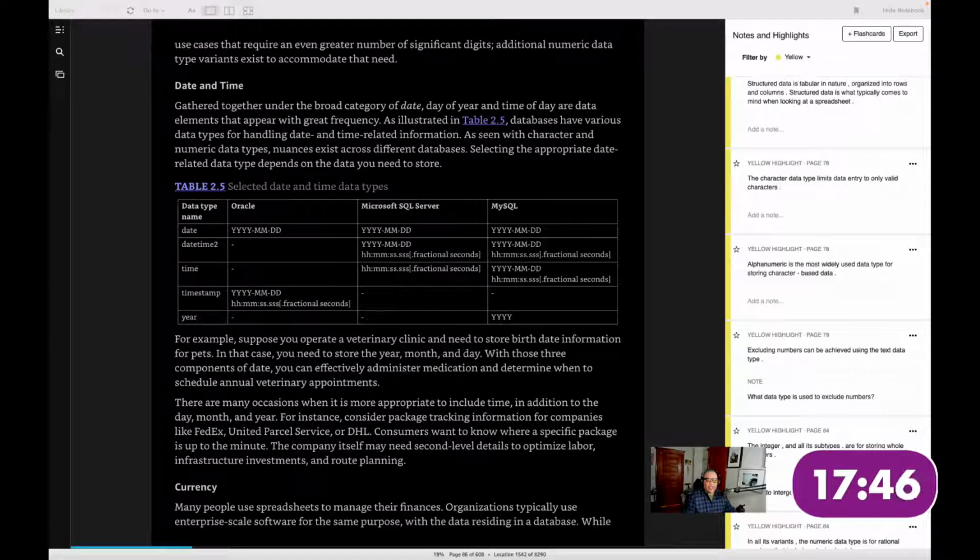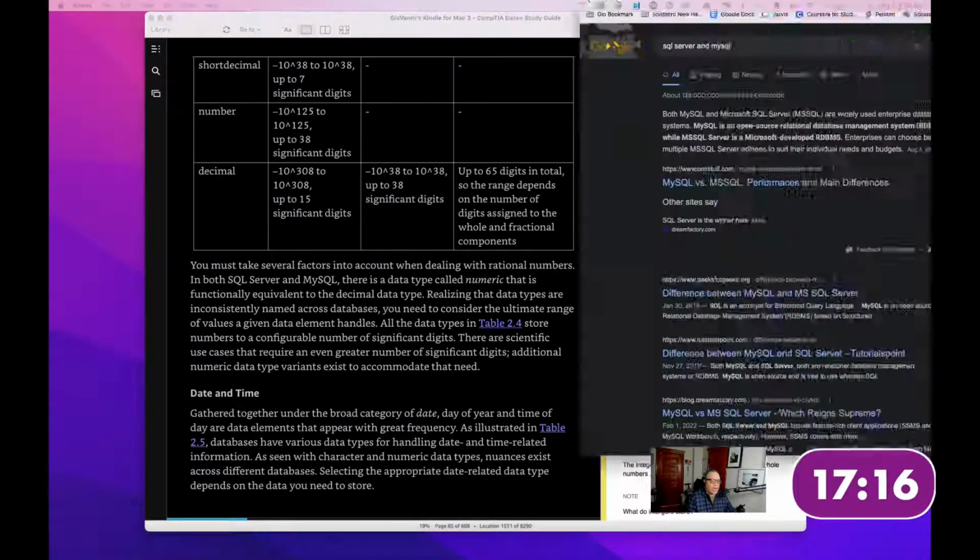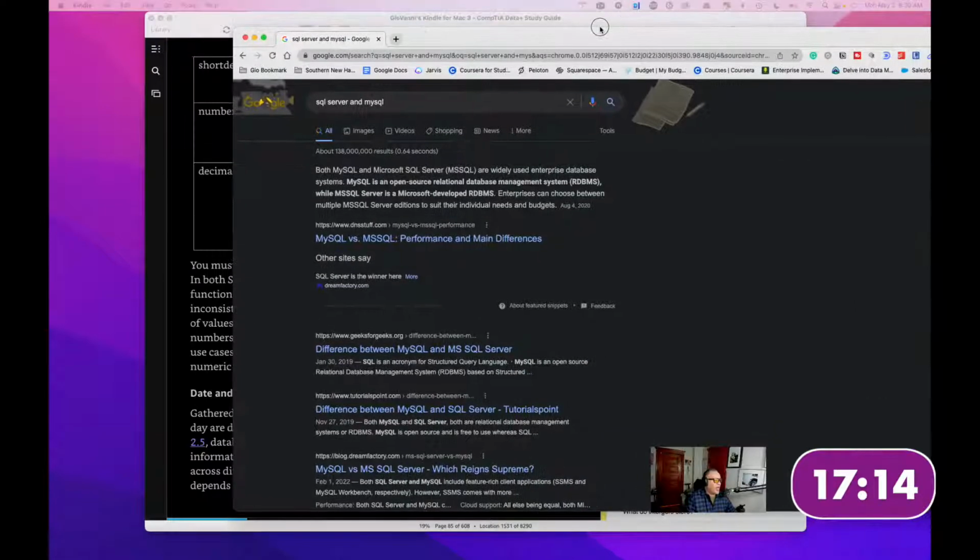I am going to take a look to find out, because we really need to know, or I want to know, what is the difference between SQL Server and MySQL. And this is the read. Let me get you guys out of here. And so this is what we have.